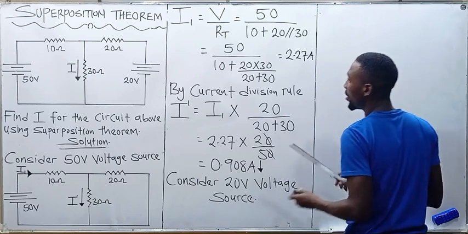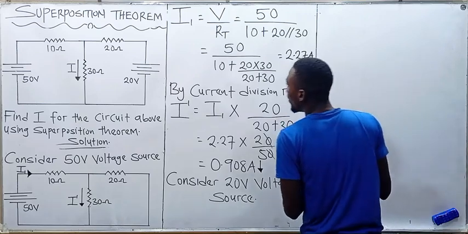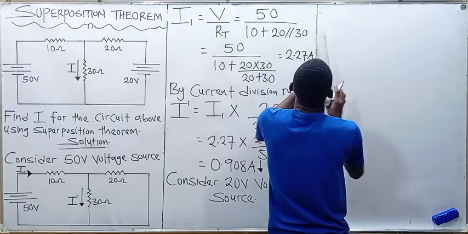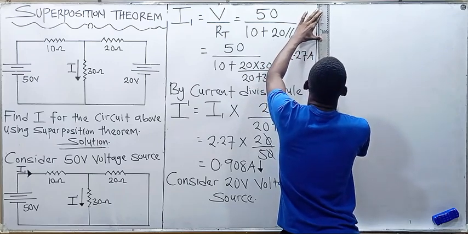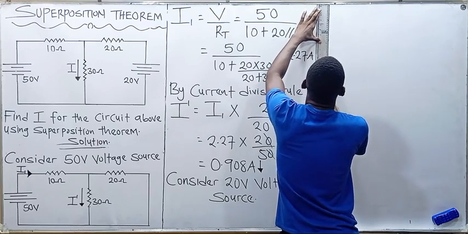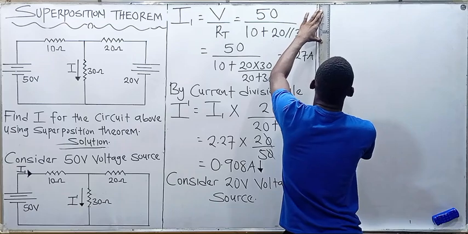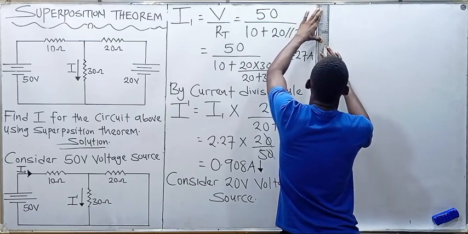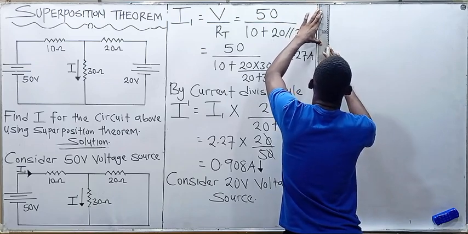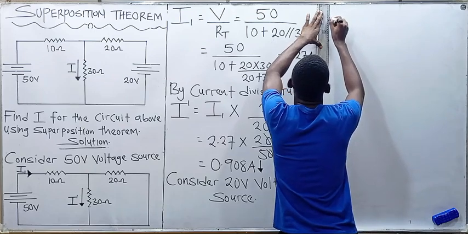So if we consider the 20 volt voltage source, let's draw the diagram. You can see that it's very interesting because everything you are seeing is clear. That is the way I love my work to be, and I hope you will love to do so too.